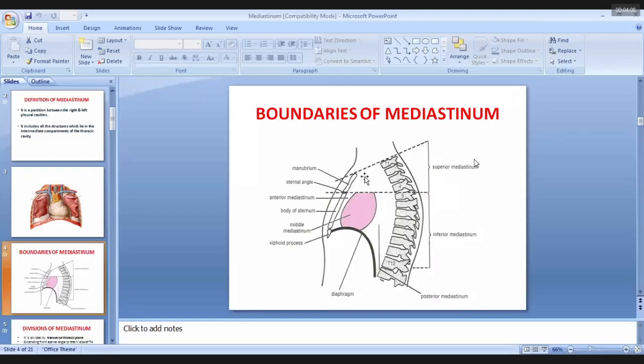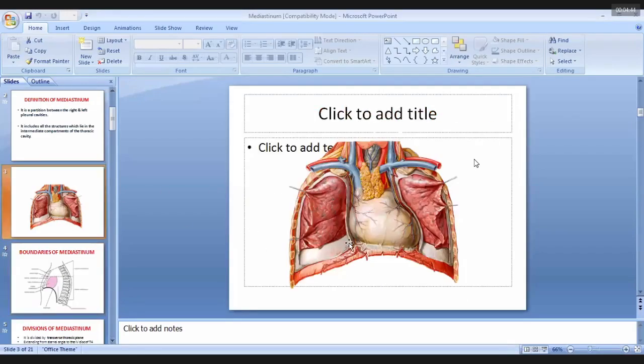Superiorly, there is the superior thoracic aperture, and inferiorly the diaphragm, and on each side there are the two pleural cavities. So the boundaries of the mediastinum, the central or median compartment of the thoracic cavity: anteriorly the sternum, posteriorly the bodies of the thoracic vertebrae, superiorly the superior thoracic aperture, and inferiorly the diaphragm, and on each side the two pleural cavities. They form the lateral boundaries of the mediastinum.